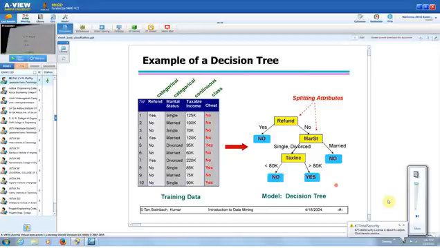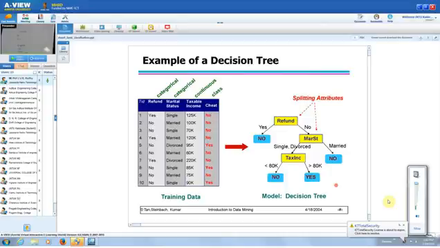How did you arrive at it? Does the tax refund straight away decide it, though his income is 100k? Okay? Because what did one rule say? If a refund is not there, only then if income is greater than 80k, the person is a cheat if he is divorced. But here the refund is there.